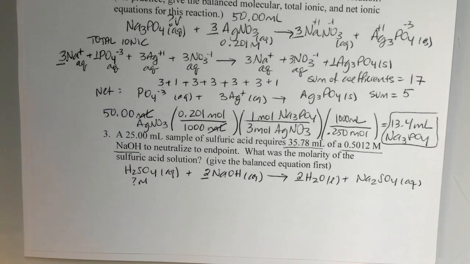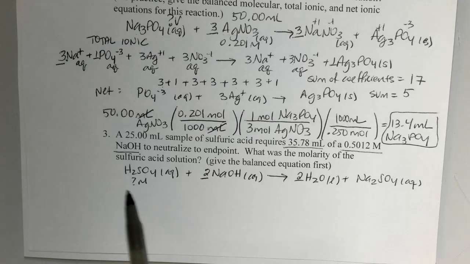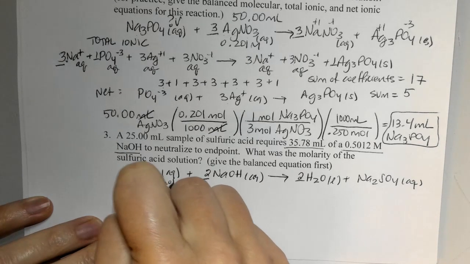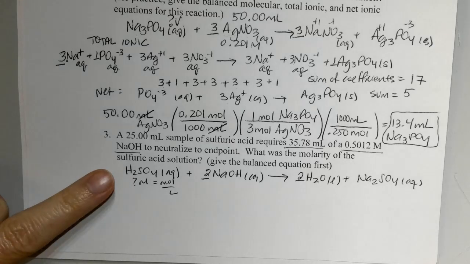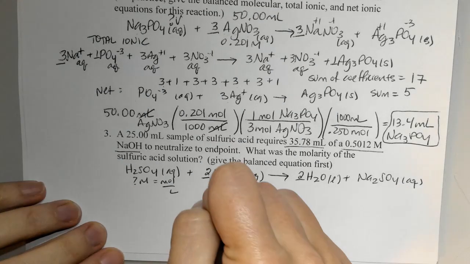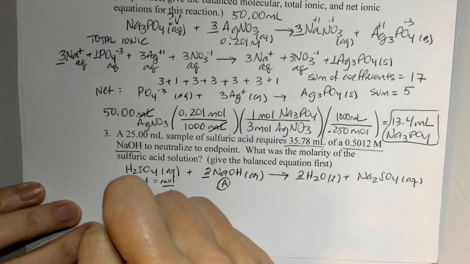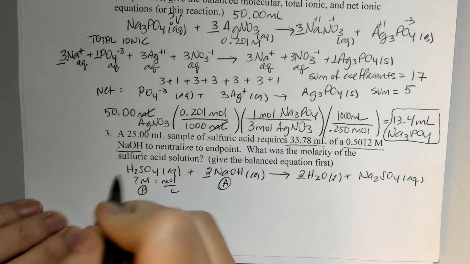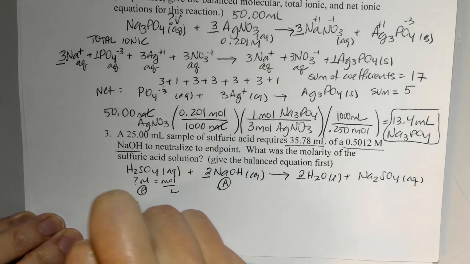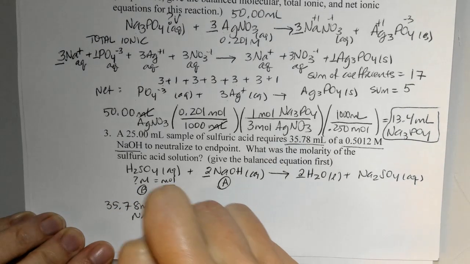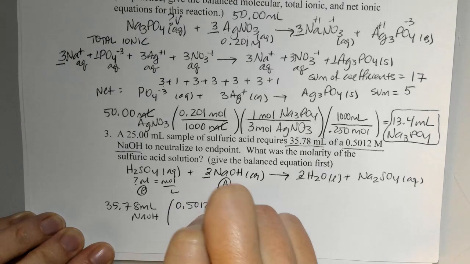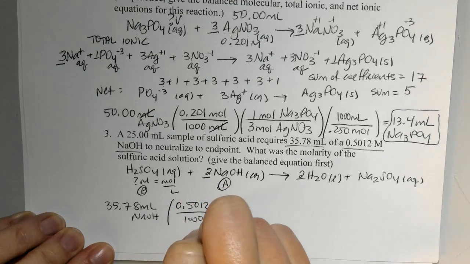So this is titration data. And what I always kind of think of is if I'm solving for molarity, I need moles divided by liters. So for me, I always think of that as like a 2-step problem. I'm going to get moles of sulfuric acid first, and the way I'm going to do that is by starting with my sodium hydroxide. So for my sodium hydroxide, I start with my volume, 35.78 milliliters of NaOH, molarity 0.5012 moles per liter, or 1,000 milliliters.